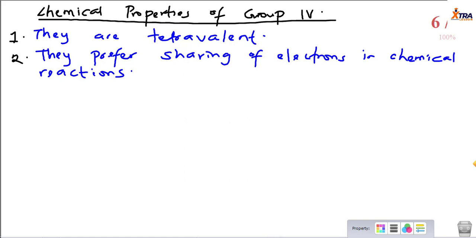Okay, what other characteristics do they have? Upper members of this group are non-metallic. That is, carbon is a non-metal.